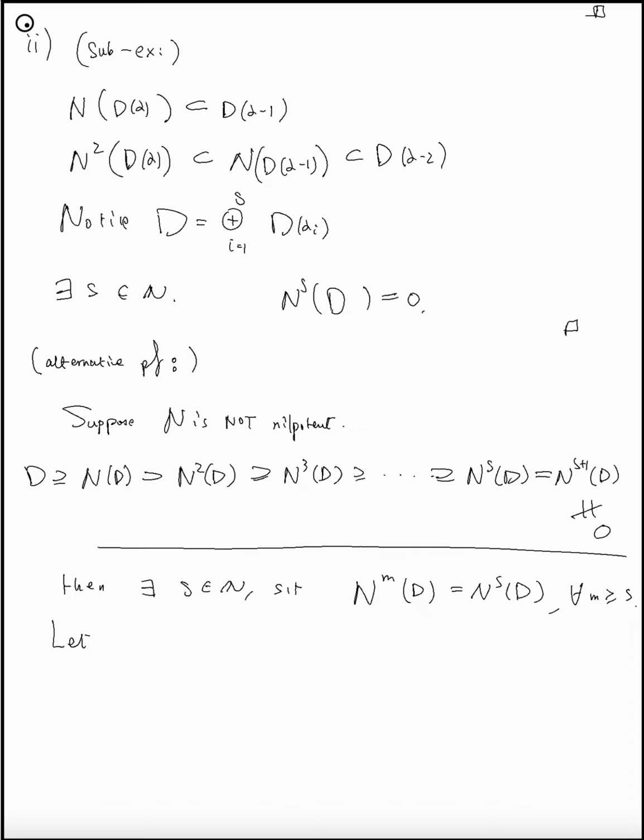And then let D prime be this N^s D. So D prime is invariant by N.